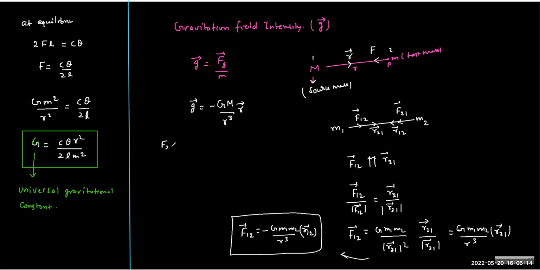So force on 2 due to 1 is how much? We can say F into R21 by mod R21, correct? F is GMm by R square, and R21 is R. Direction-wise they're opposite, no?